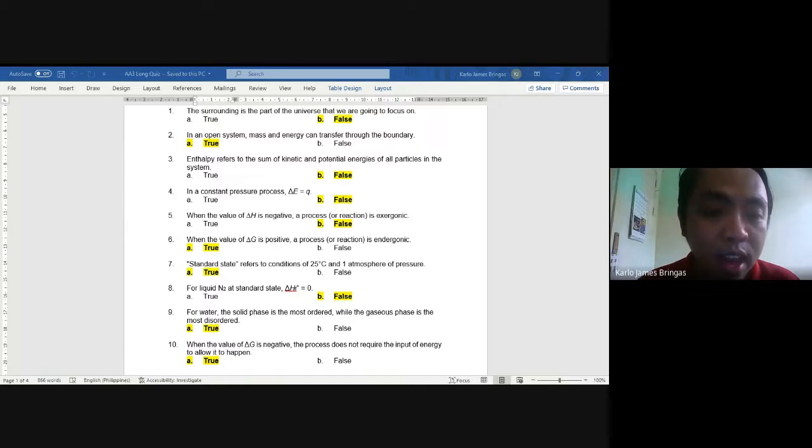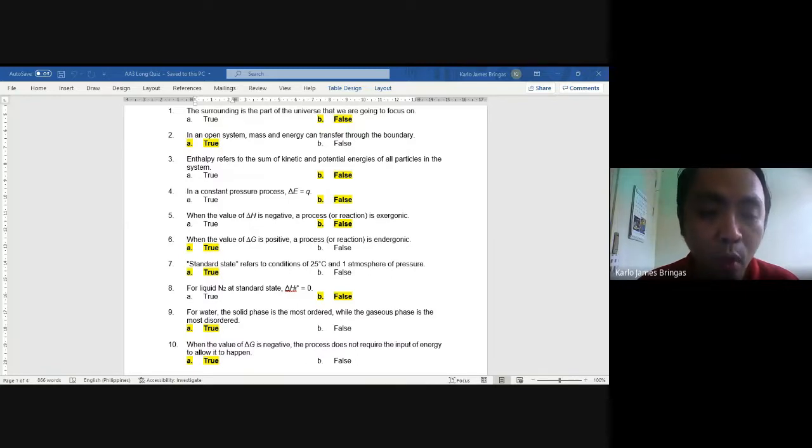It's defined as the condition wherein we have a temperature of 25 degrees Celsius and 1 atmosphere of pressure. Now for number 8, we have the following. For liquid nitrogen at standard state, delta H formation at standard state is equal to 0.